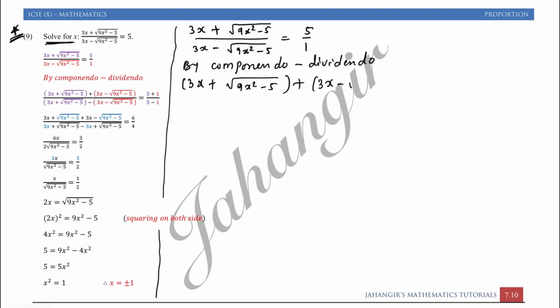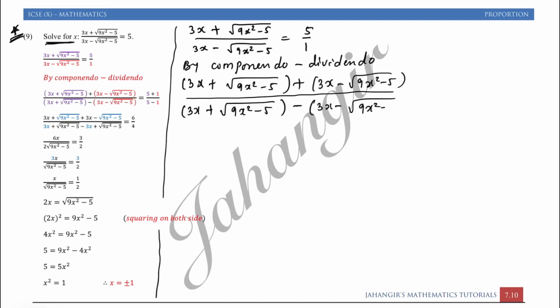Denominator is 3x minus root of 9x square minus 5, whole upon the same part, 3x plus root of 9x square minus 5 minus 3x minus root of 9x square minus 5, that is equal to 5 plus 1 upon 5 minus 1.